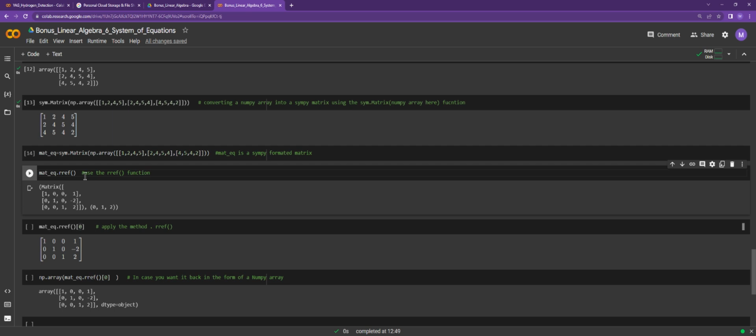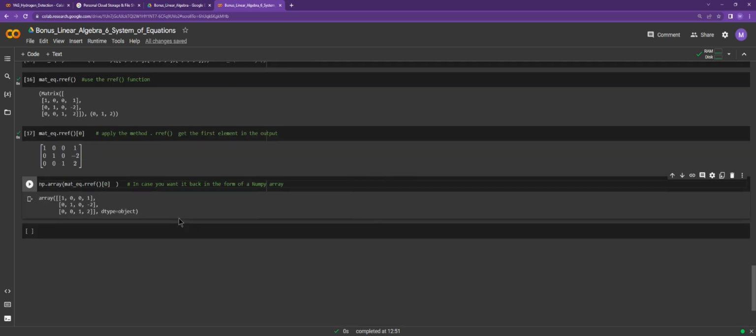So we use the rref, reduced row echelon form function, call it on the matrix equation, and obviously we get that. But to get the first element in the output, you just put a 0 here, to get the matrix format coming up.